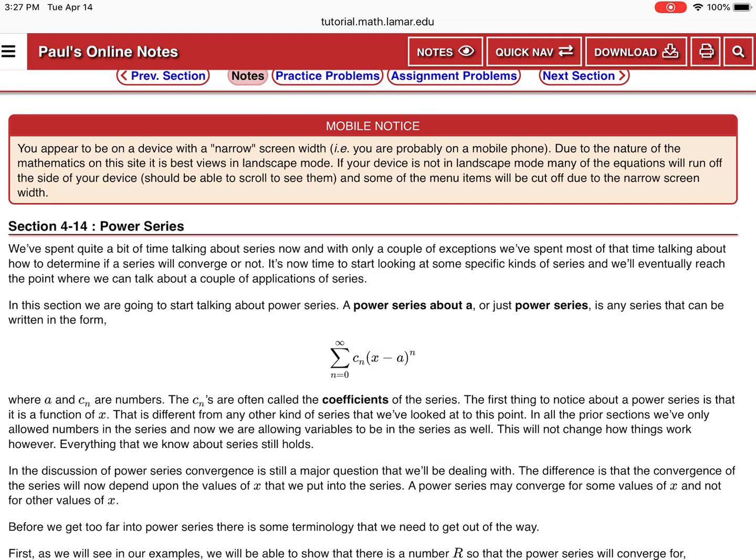Convergence is still a major question that we'll be dealing with, but since we have the variable x, you may not have just one point of convergence. You may have an interval of where your series converges.